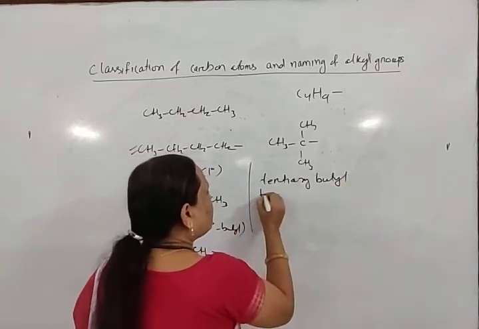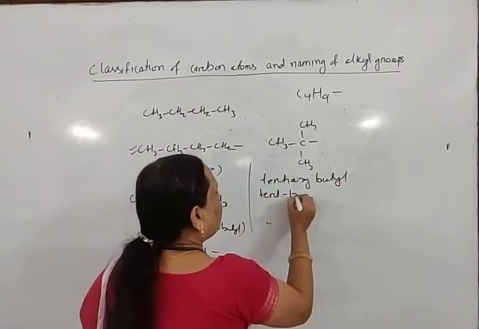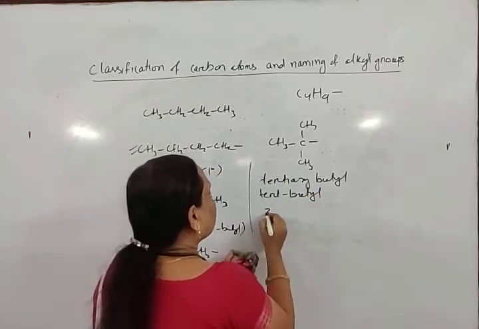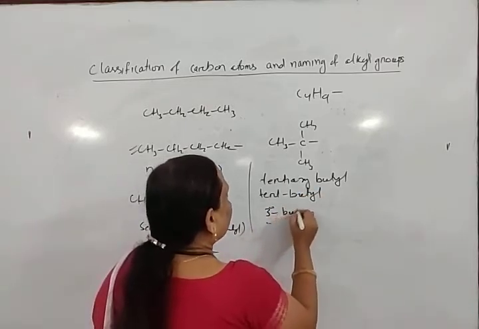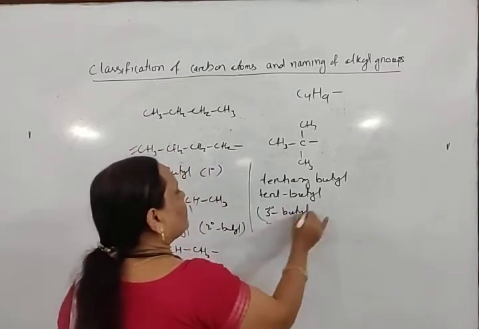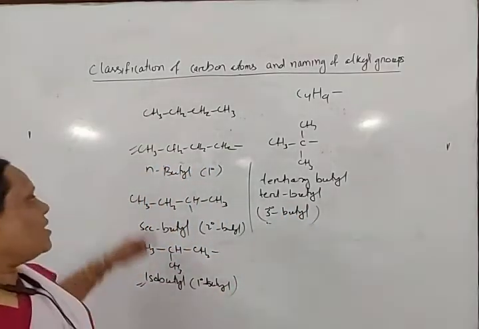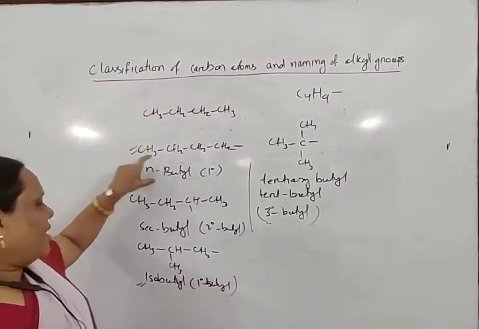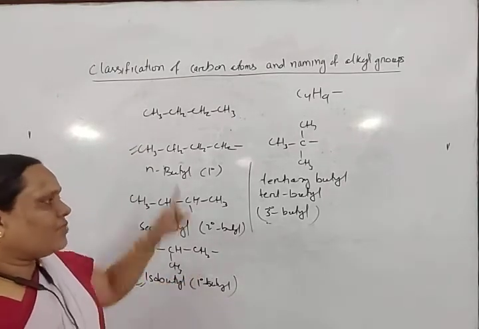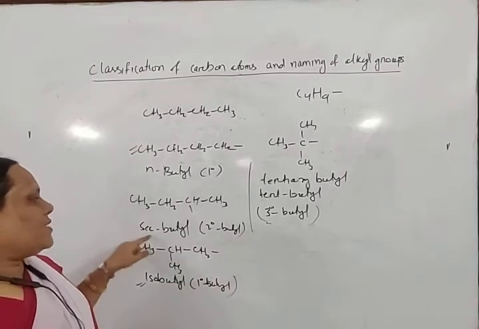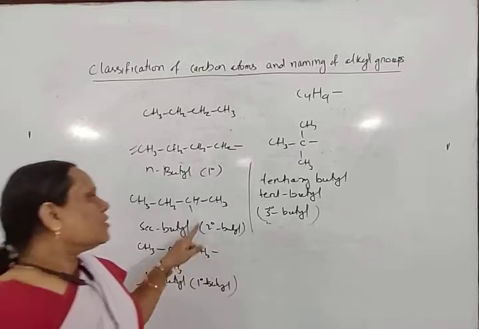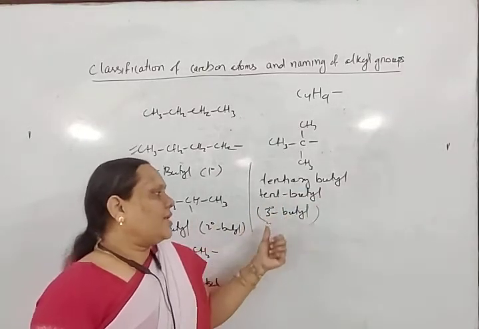In short we can write tert-butyl, also known as 3-degree butyl. So in butyl, 4 types of structure are possible: n-butyl, isobutyl, these two are primary; secondary butyl, this is secondary; and this is tert-butyl.